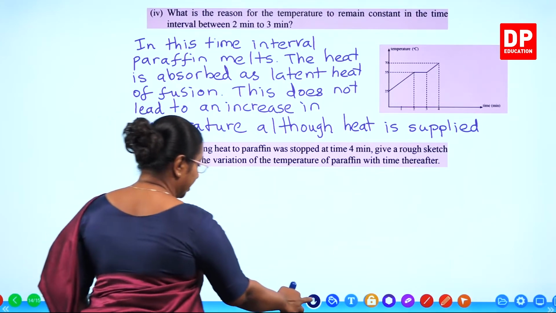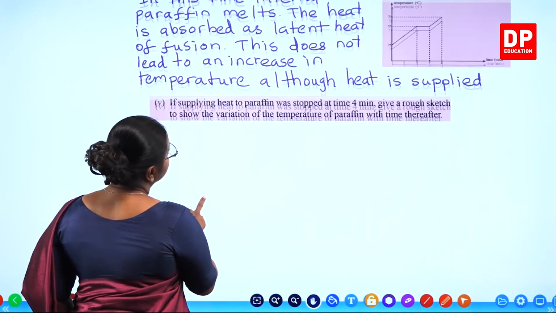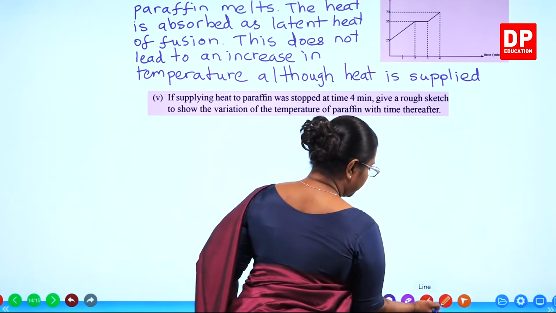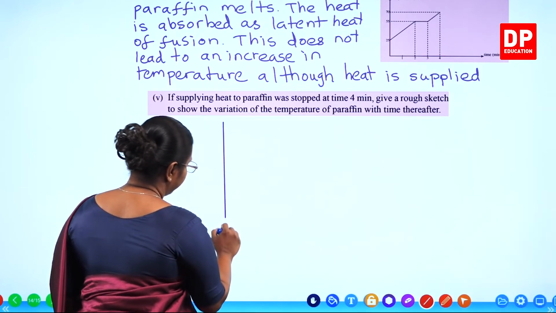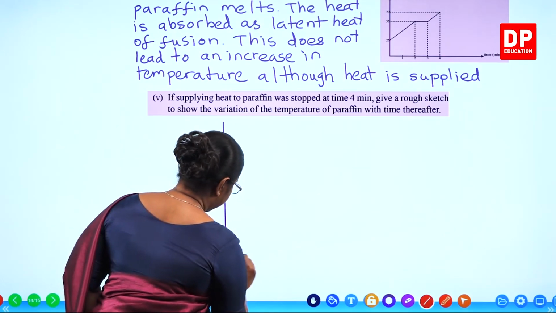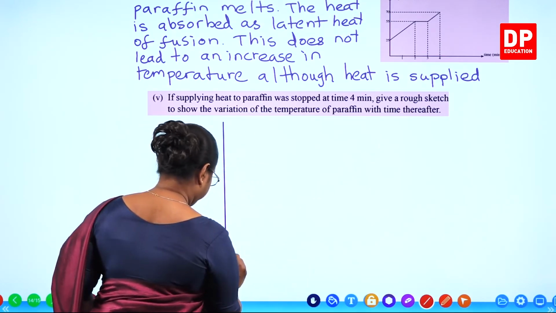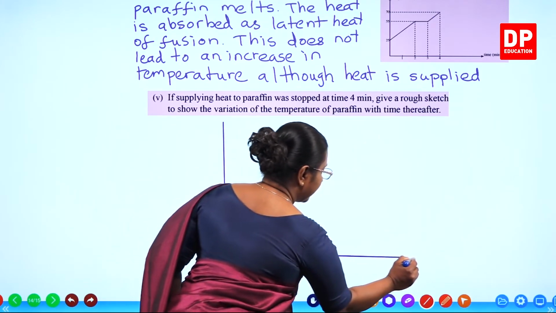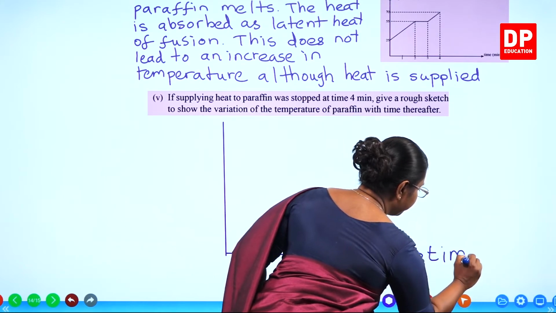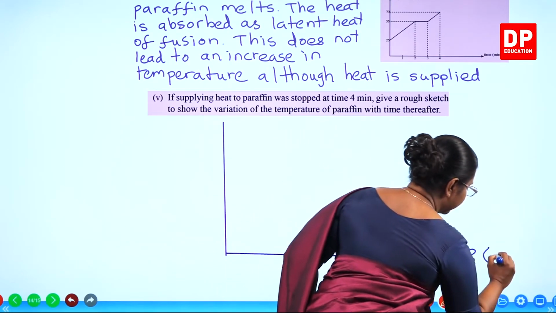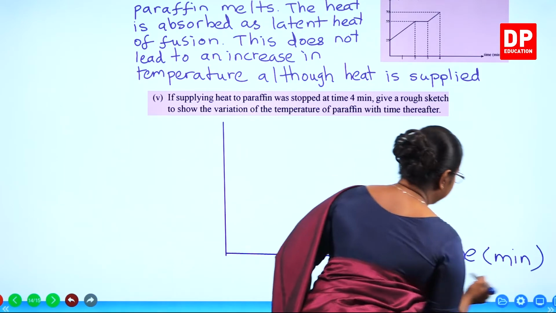So for that, we need to draw the graph. So I will be needing the y-axis, then the x-axis. We will have to label the axis, x-axis time, and there you can see it's given in minutes, so the same unit here as well.